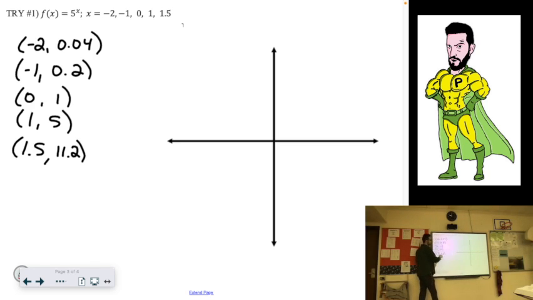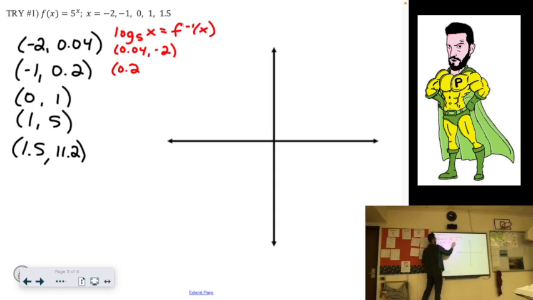So we're going to get the inverse of these. And we could write the equation log base 5 of x equals f inverse of x. I probably should have written the f inverse of x first, but it makes no difference. So we'll have 0.04, negative 2, 0.2, negative 1, 1, 0, 5, 1, and 11.2, 1.5.